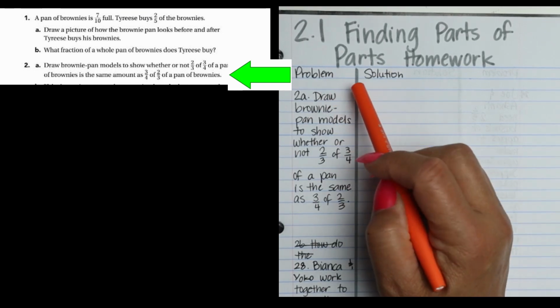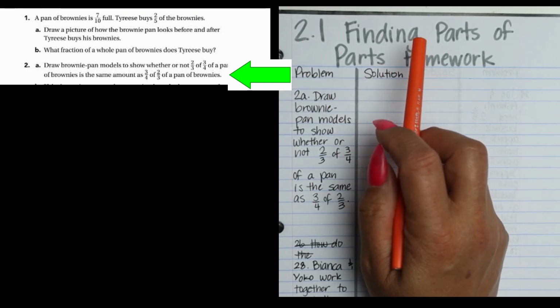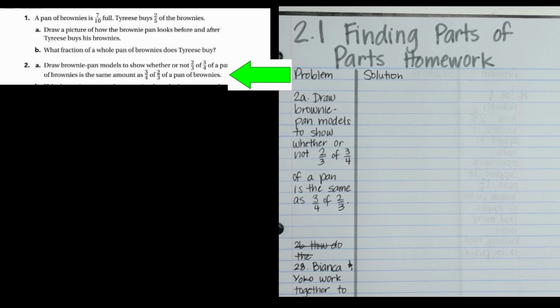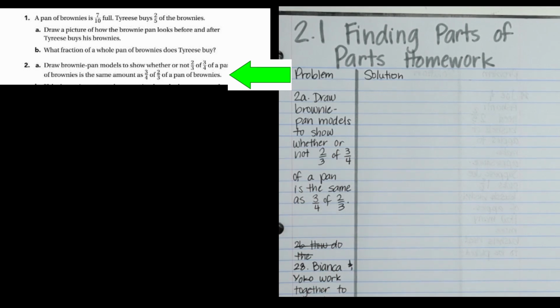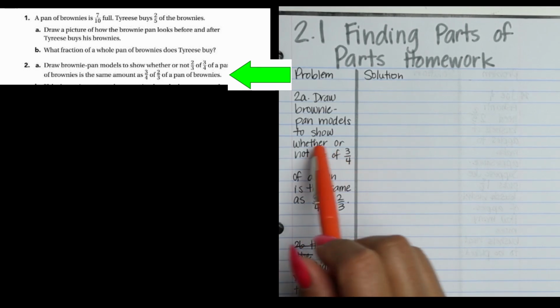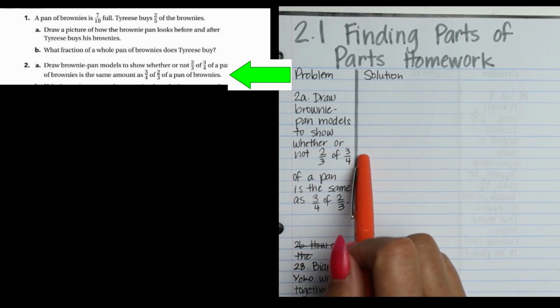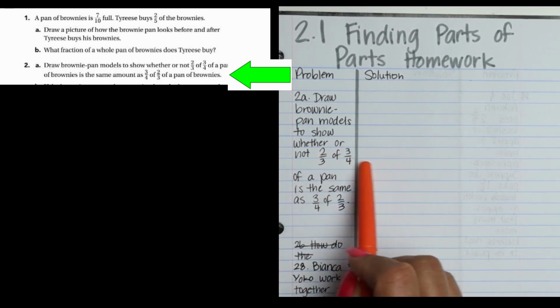All right, so you're going to draw brownie pan models to show whether or not 2/3 of 3/4 of a pan of brownies is the same amount as 3/4 of 2/3 of brownies. It's a little bit confusing, but if you remember from 4th or 5th grade, when we multiply fractions, we just multiply straight across.